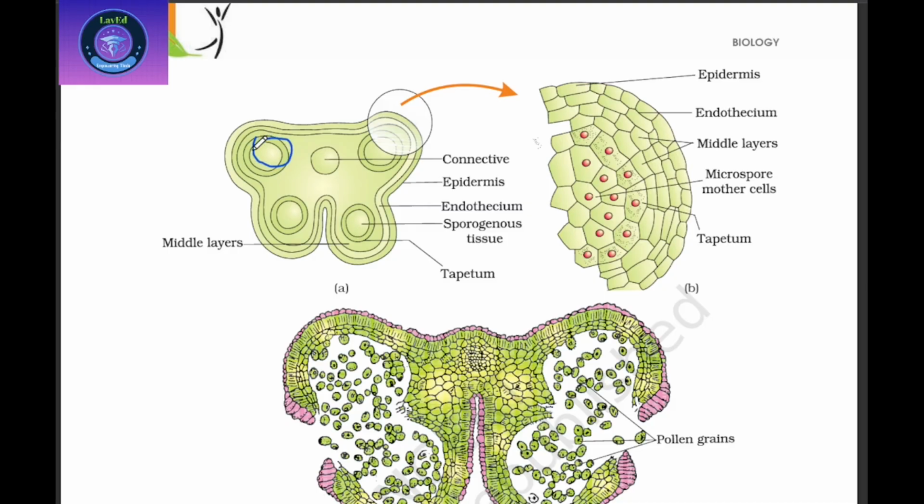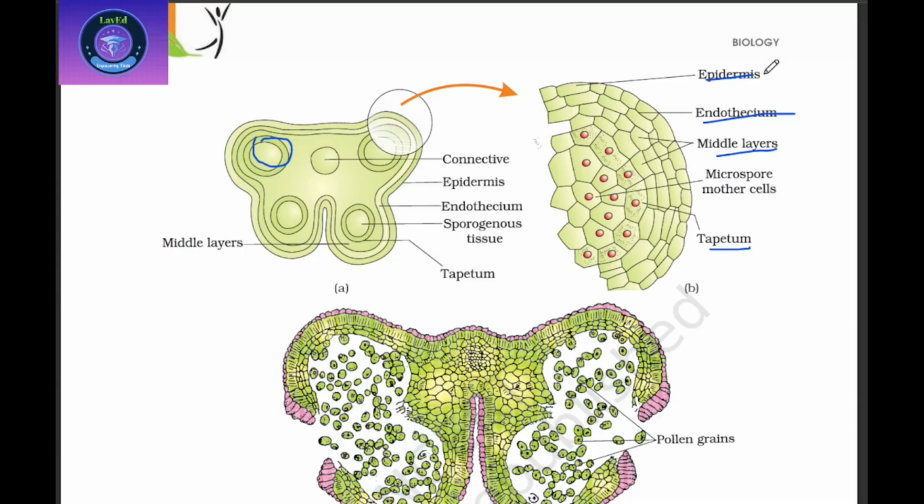These usually consist of four walls. Look, if we zoom in, we get the first layer, the epidermis, then the endothecium, then the middle layers, and the last layer is the tapetum. These are the four layers. Now these three layers' main function is to provide protection and promote dehiscence of the anther.